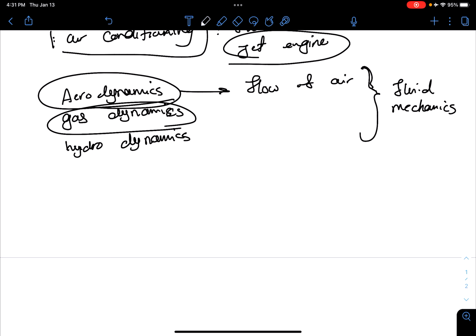What branch of fluid mechanics are we going to deal with in a space? Not on a planet, not in an atmosphere, in general vacuum of a space. Because on Earth, we said if you're a plane flying, you are concerned with aerodynamics.